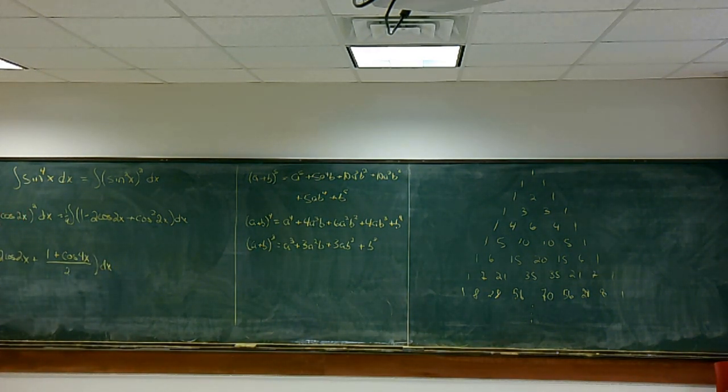Cosine squared theta is 1 plus cosine of 2 theta all over 2. That makes cosine squared 2x 1 plus cosine 4x all over 2.